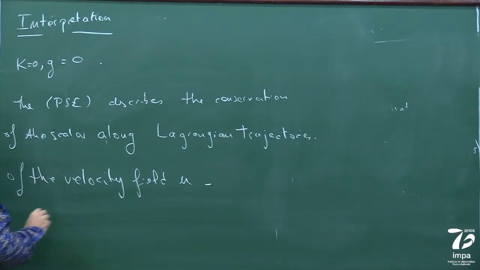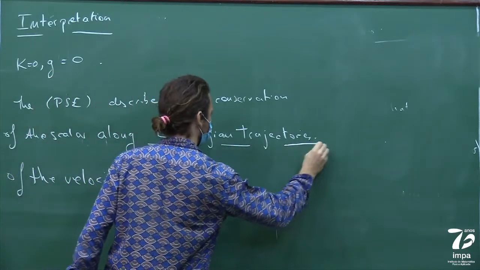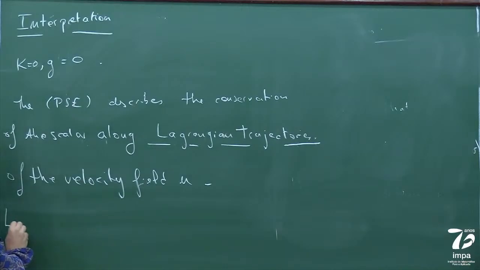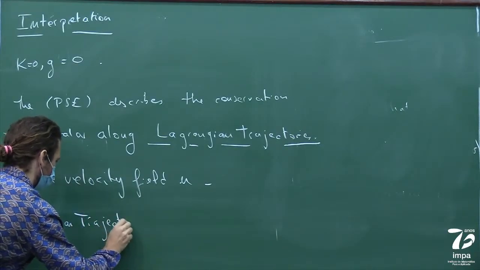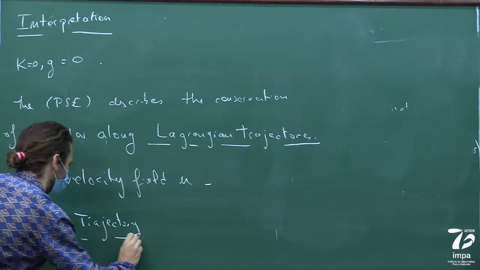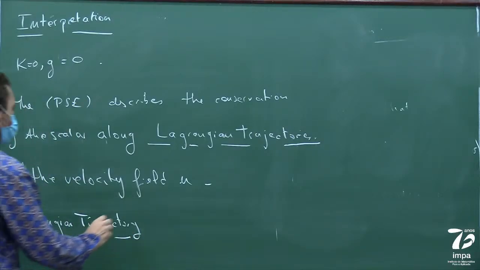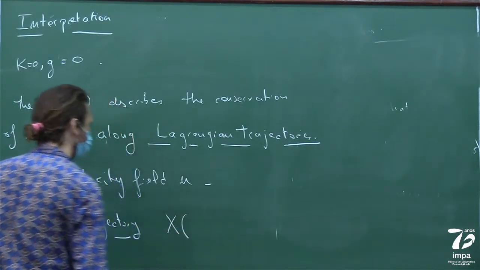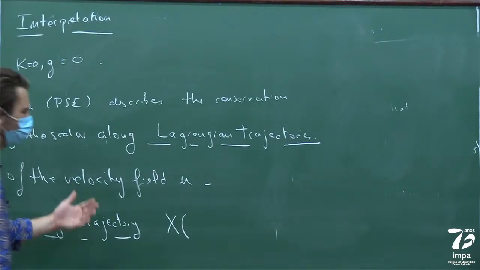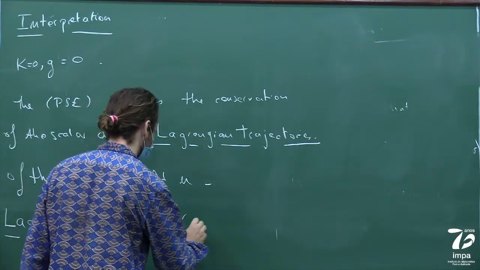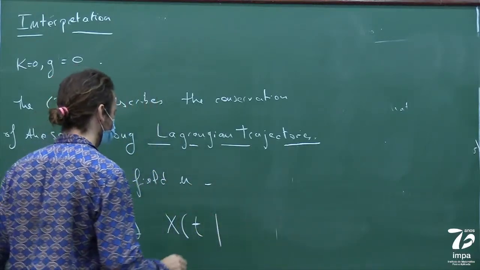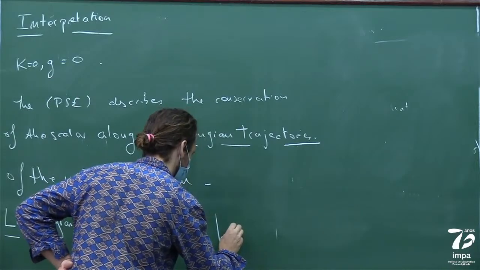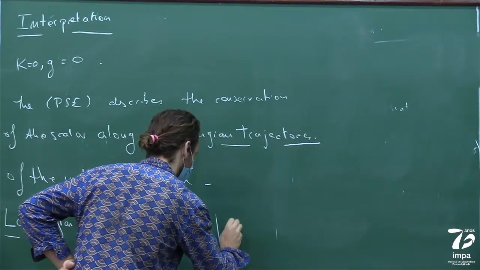Suppose we have to define what we mean by a Lagrangian trajectory. A Lagrangian trajectory is just something that we will call the position at time t of a particle which was at time t0 at position x0.